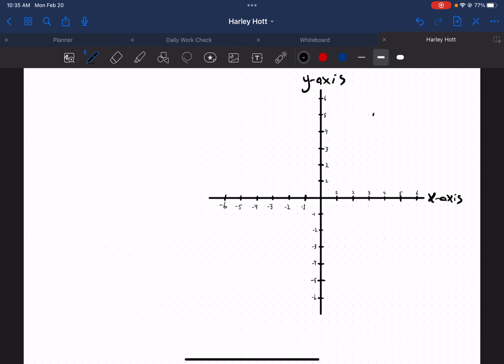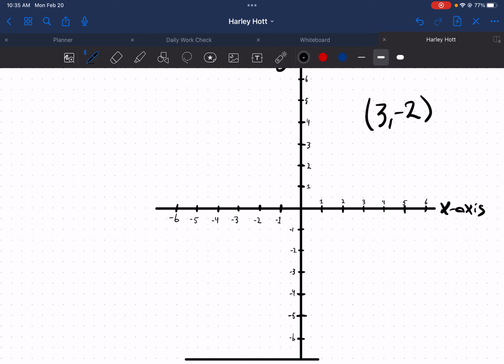It's the same idea. We're going to go over 3 on the x-axis. But then rather than going up to positive 2, we're going to go down to negative 2 right here. So this point is 3, negative 2. Its x value is 3, and y is equal to negative 2. There we go.